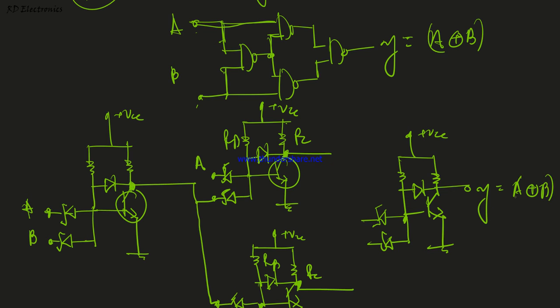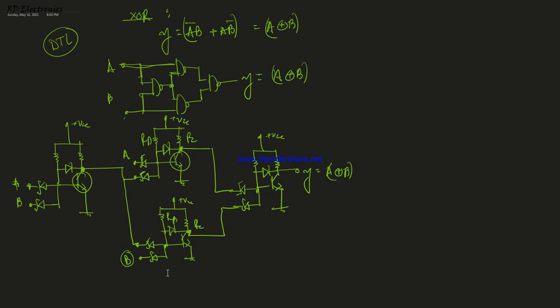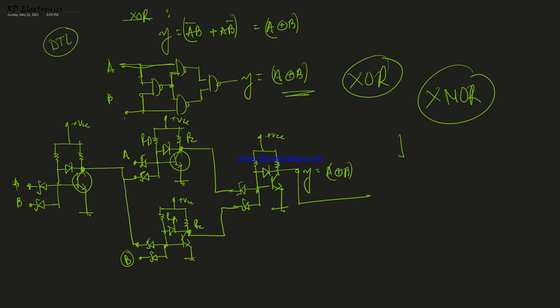Now this output is connected here and this output is coming from here. So students, please note that this is the internal DTL technology of the XOR gate, to make an XOR gate using DTL, diode transistor technology. This is very important. And how do we implement this XOR gate? It is very easy, because when we design the XOR gate, we just connect one inverter across the output, as I showed in the previous slide.